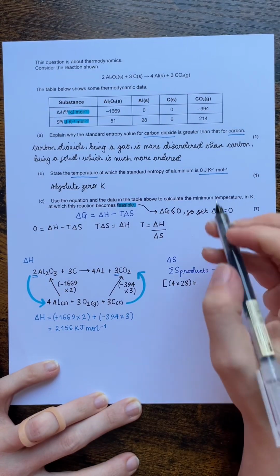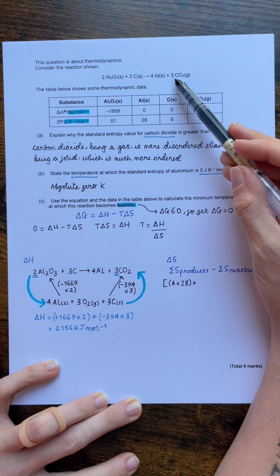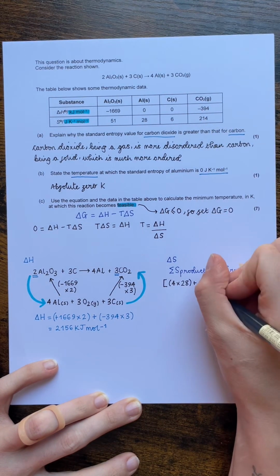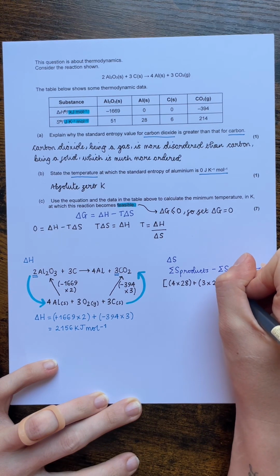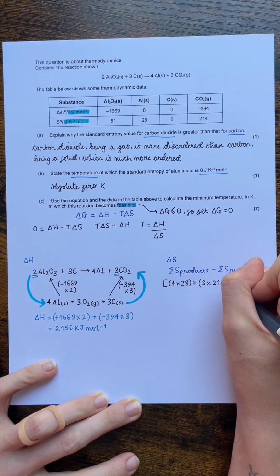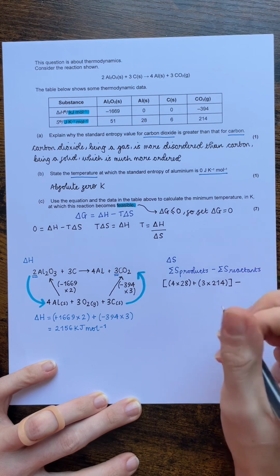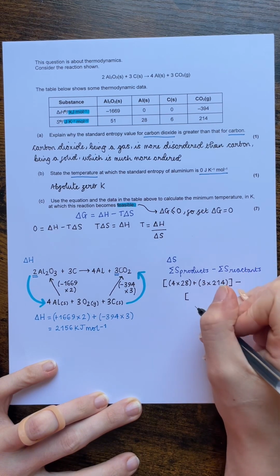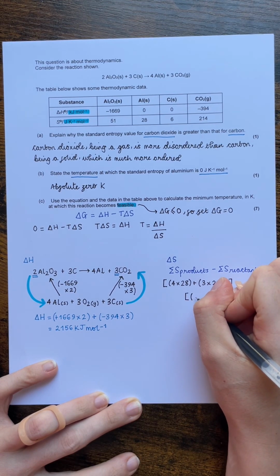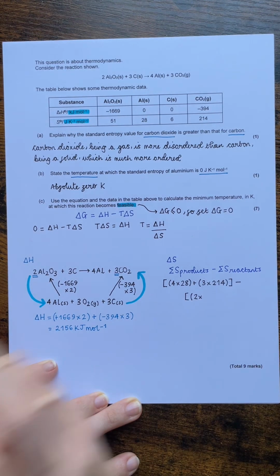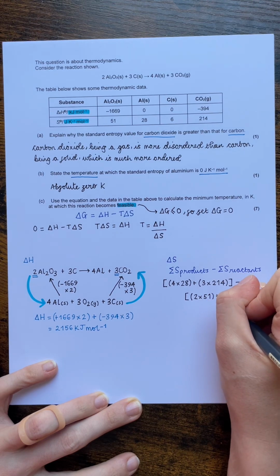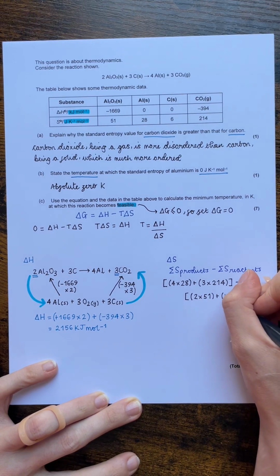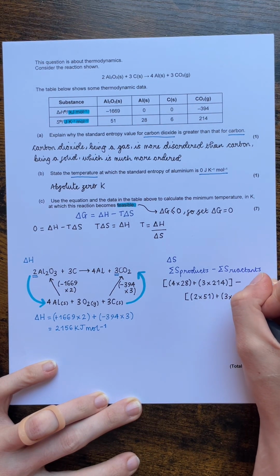And then we're going to need to add to that the 3 lots for the CO2. So plus 3 times 214, and that will be the value for our products. And then we need to do the same for our reactants. So we've got 2 lots of the Al2O3, so 2 lots of 51, and we've got 3 lots of carbon, so 3 lots of 6.